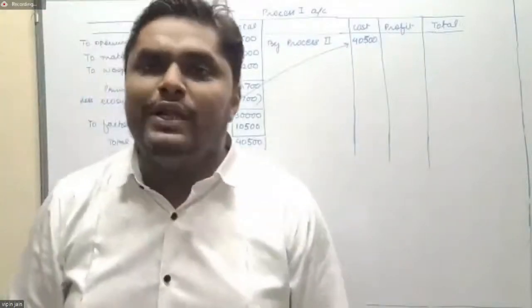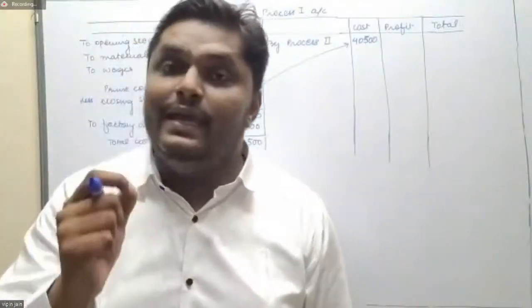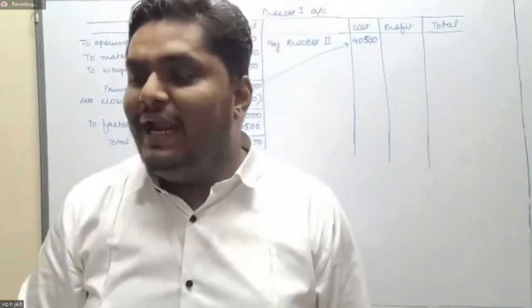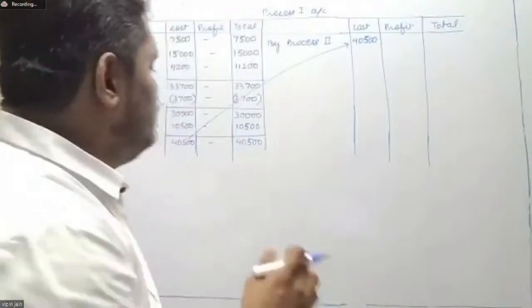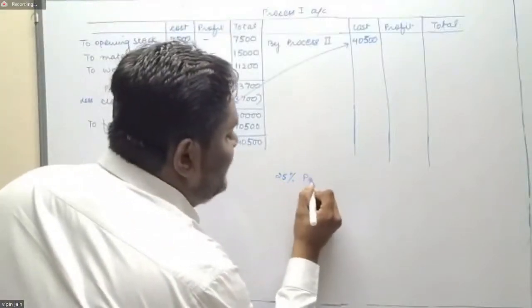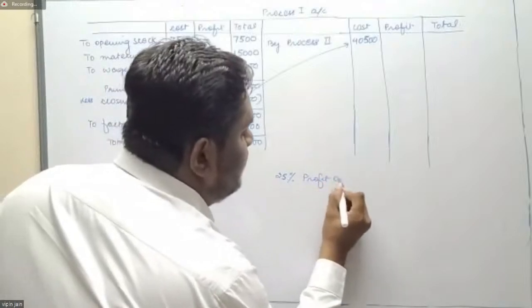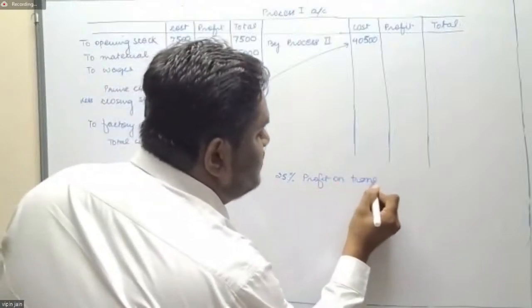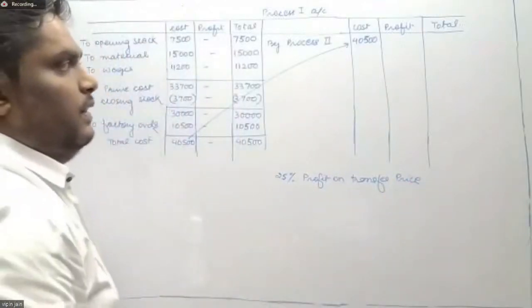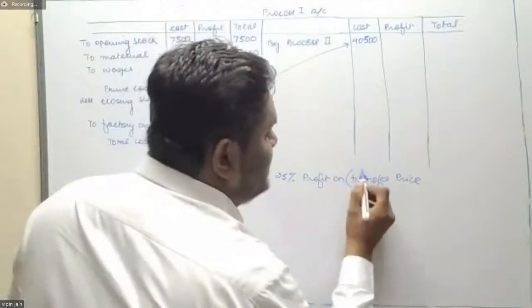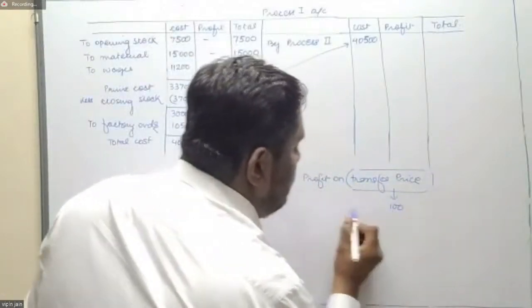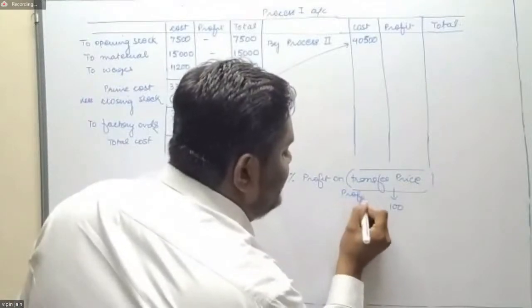However, when talking about the total column, since it is saying that the output of the first process is transferred to the second process at 25% profit on transfer price, so very simple, guys. Assume transfer price is 100. So the profit is given, that is 25.